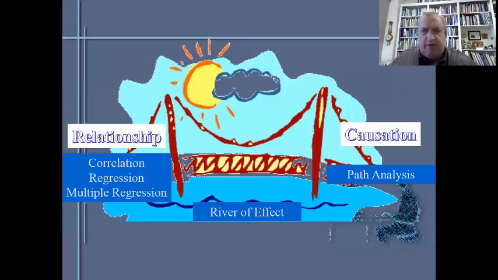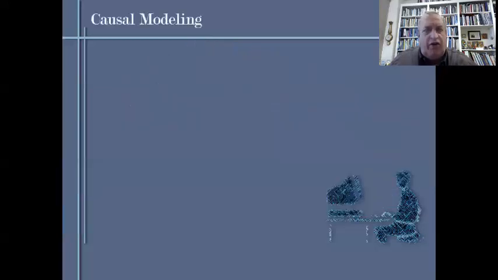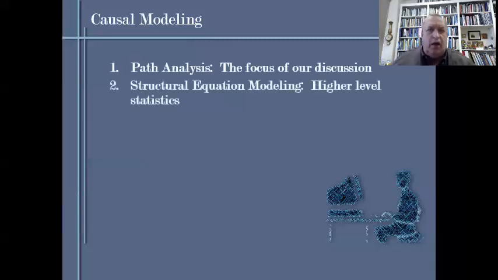Now, there are 2 types of causal modeling. First of all, there's path analysis, which is the focus of our discussion, and structural equation modeling, which, as your book explains, needs a higher level statistics program and is really beyond the focus of our course. So we're going to be focusing on path analysis as we work through our course.